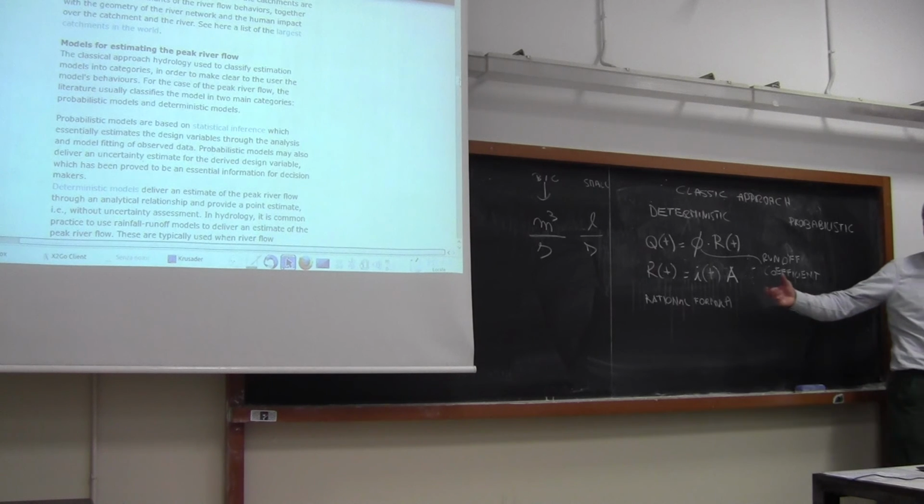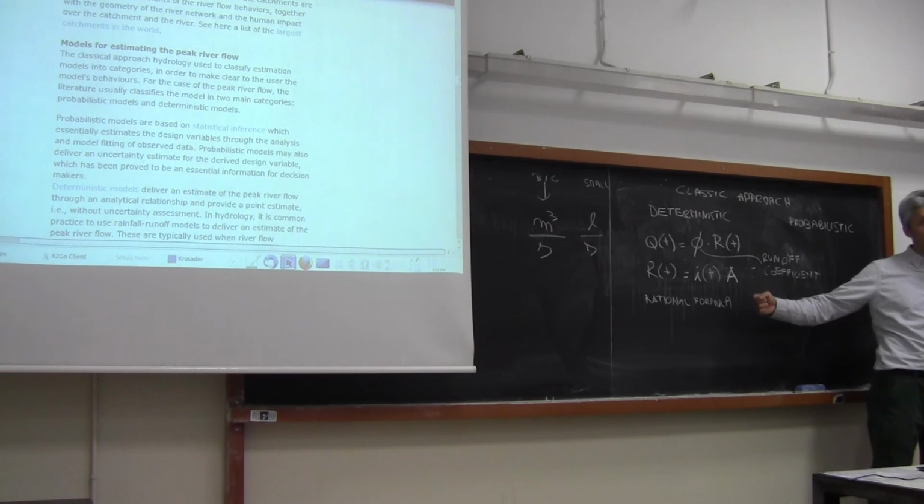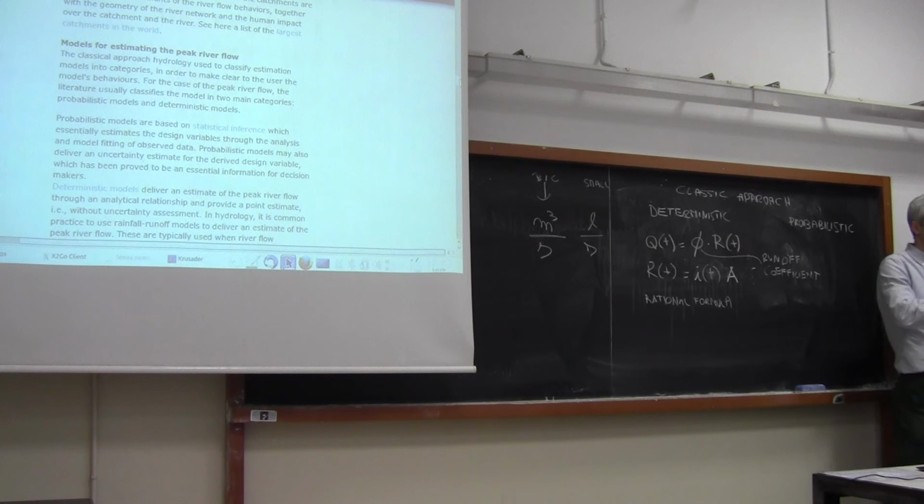And if you have another event with the same rainfall, this model gives to you the same amount of river flow, which is something that you understand is not really appropriate, because you understand that the same catchment, if you get twice the same rainfall, will not deliver the same river flow. Why is that?